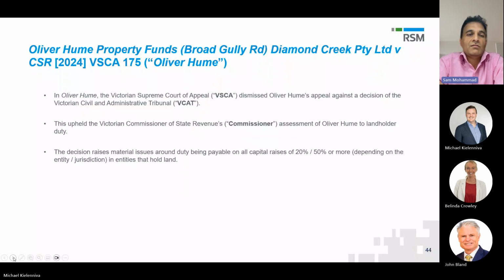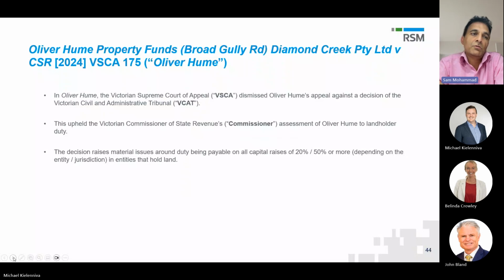In this case, the taxpayer, which was Oliver Hume Property Fund, was a special purpose vehicle that was set up by the broader Oliver Hume Group, and it acquired a property in 2011.